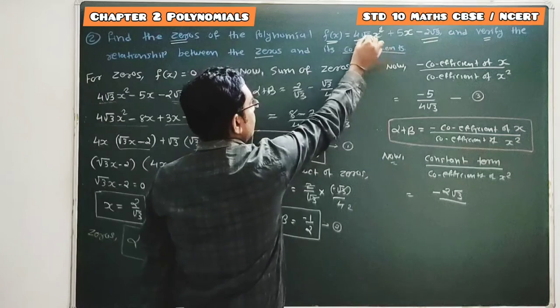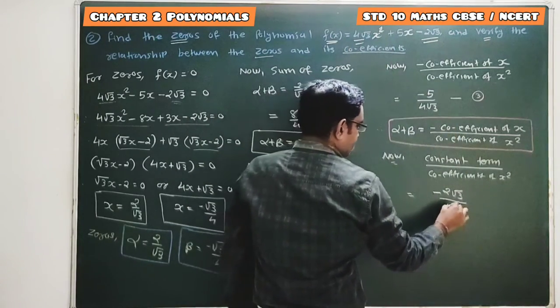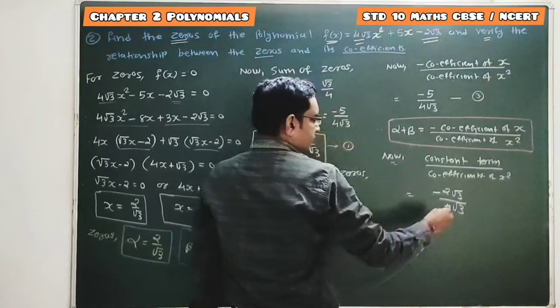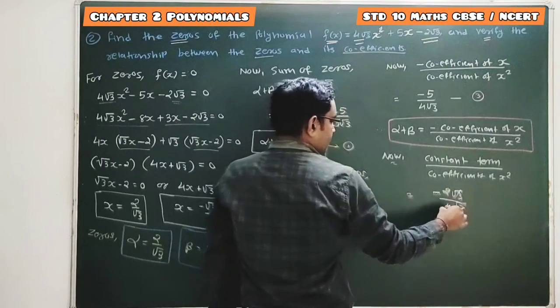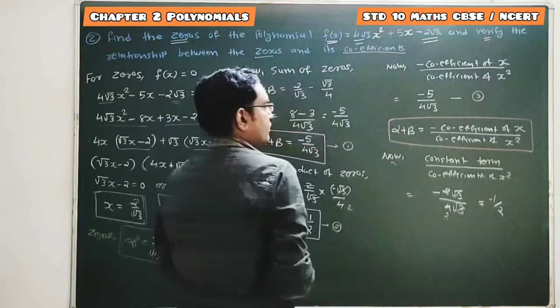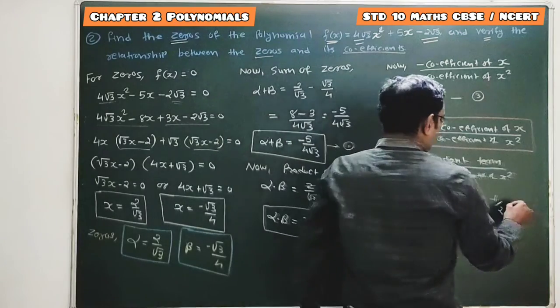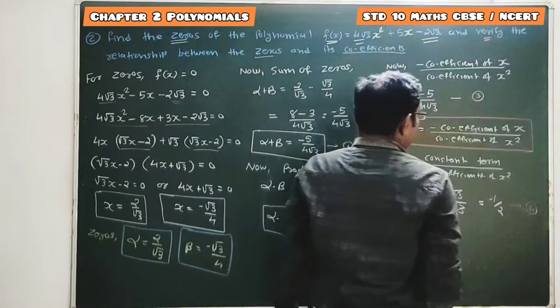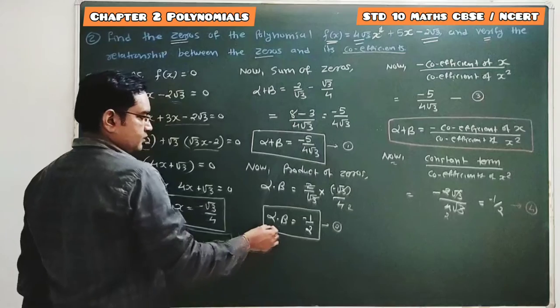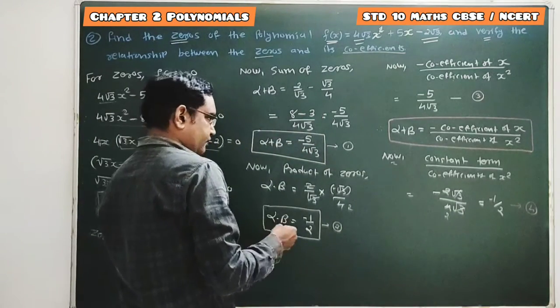Again the coefficient of x square is 4 root 3. So here root 3 cuts, 2 twos are 4. So this is equal to minus 1 by 2. So let's call this result number 4.